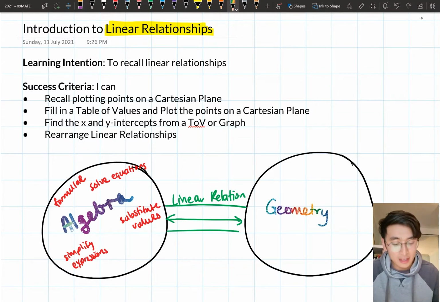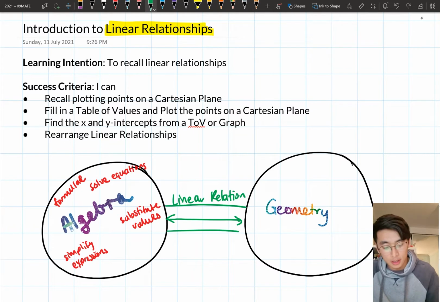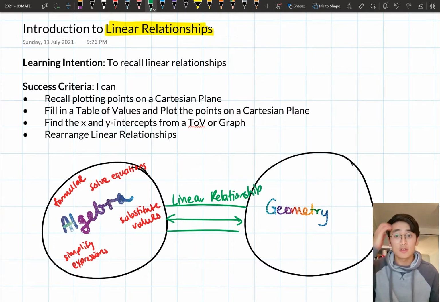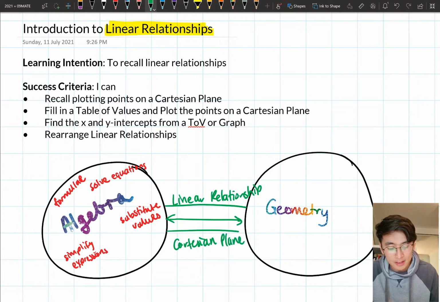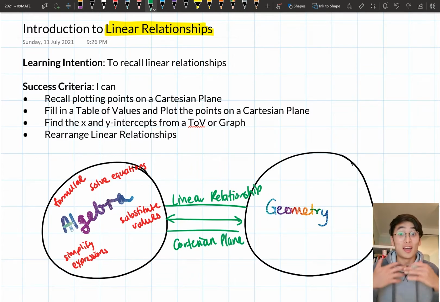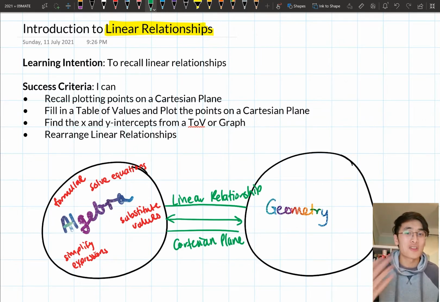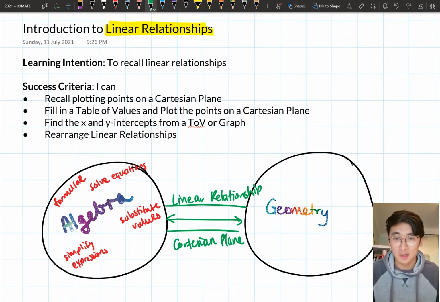Linear relationships, in particular using the Cartesian plane, helps us to build an understanding or visualize how algebra can work in a geometric way. And what this looks like is we're going to be able to plot algebraic things on a Cartesian plane. So hopefully last year we looked at Cartesian planes and you noticed that we used a few algebraic terms and letters. And we're going to be able to use that and build relationships between these two topics.